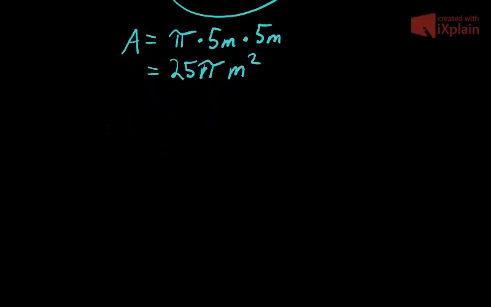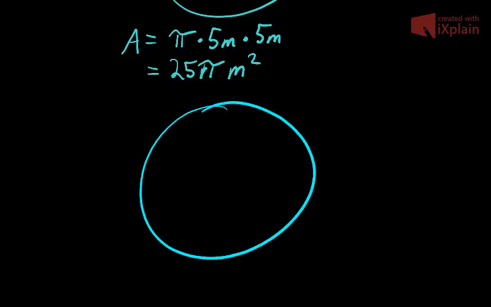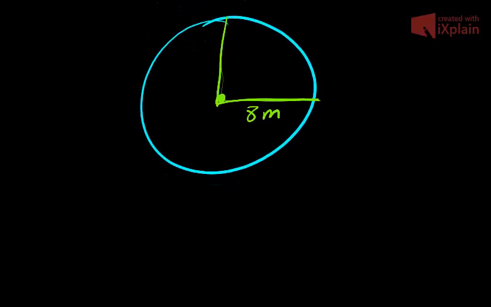Another thing we can look at is if we're trying to find the area of just a portion of a circle. So if I've got a circle here, and I want to figure out the area of just this quarter of it. We're going to say this is the middle, and it has a radius of, let's go with 8 meters. It's a big circle.